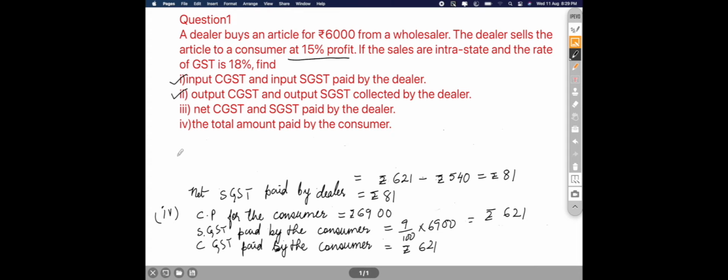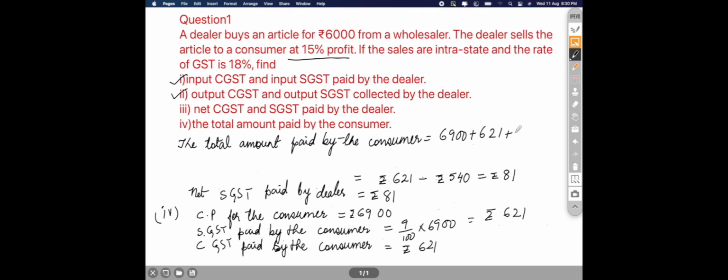So now the total amount paid by the consumer equals to cost price for the consumer plus the total tax.